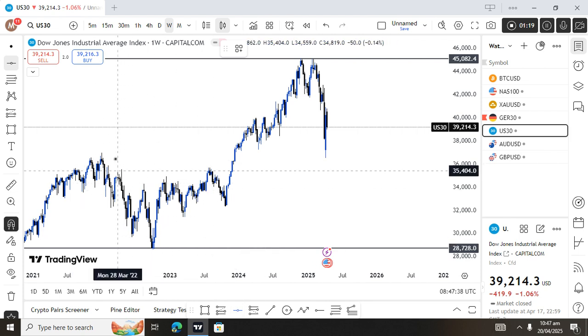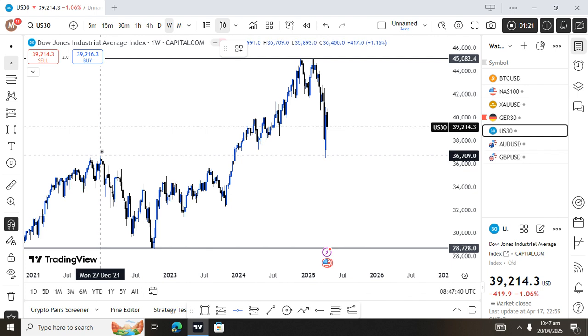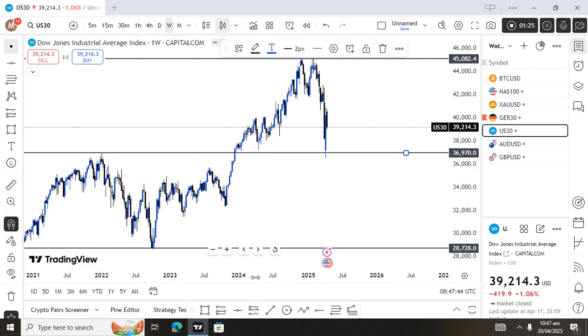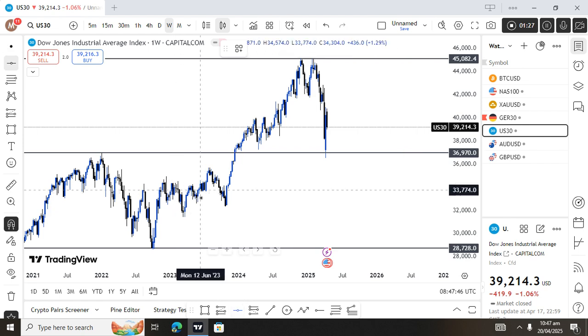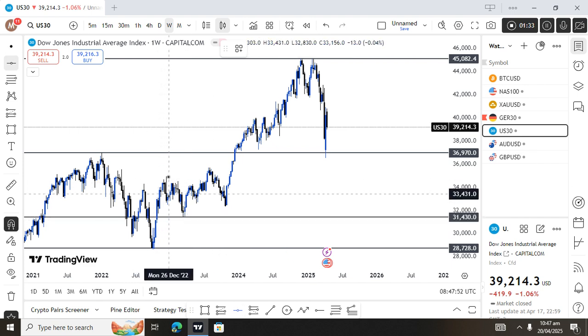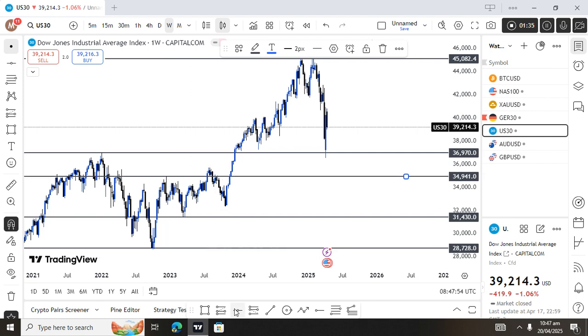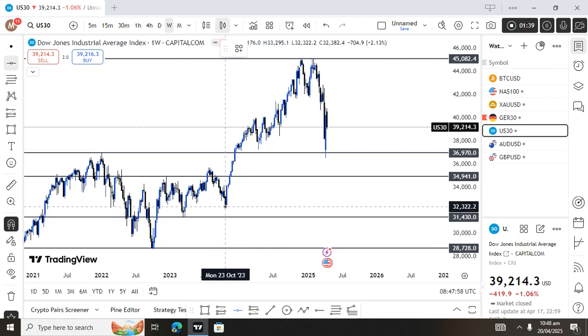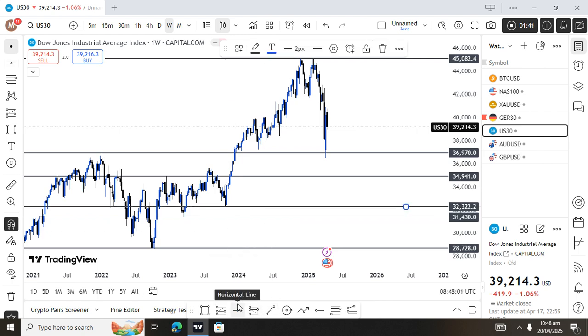After that, I will then mark my possible reversal zone, where the market touches and reverses. You understand? So I will mark the zones that I see, expecting the market, when it just touches here, to reverse or break and retest.